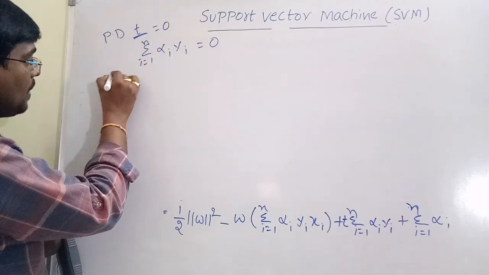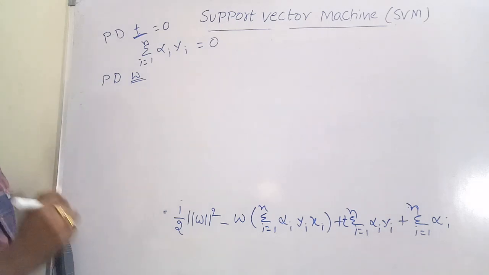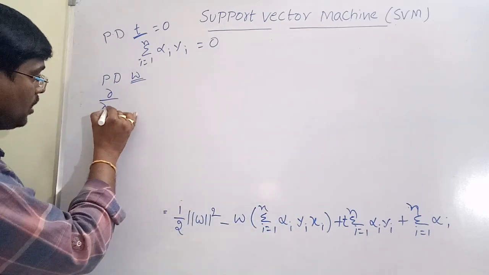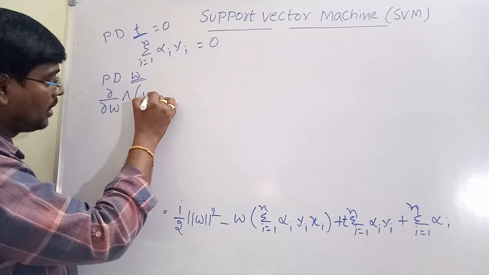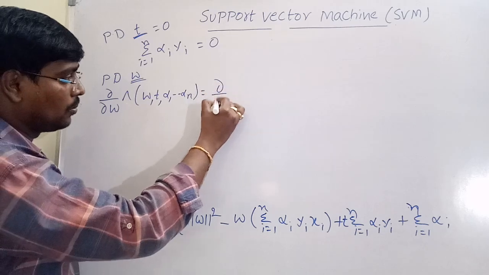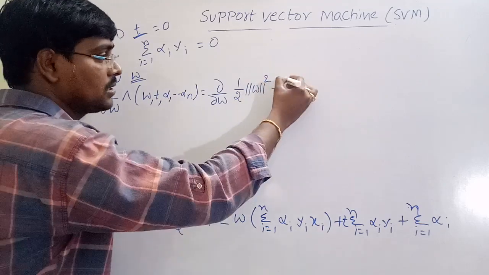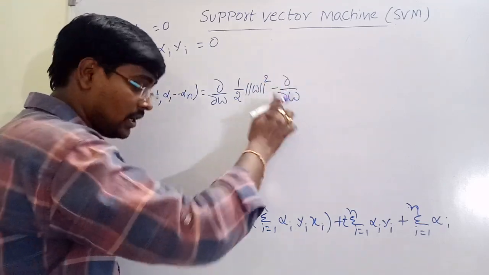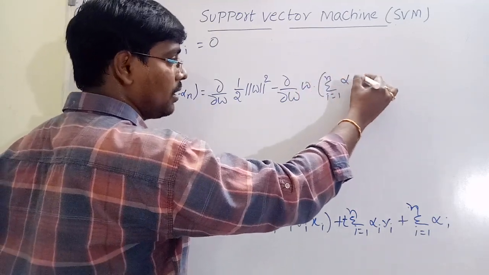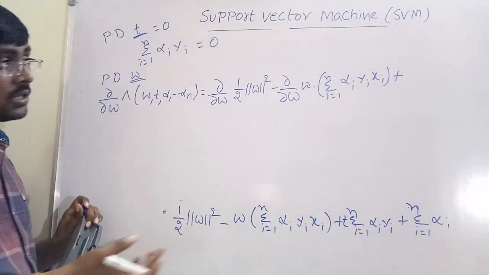Now take the partial derivative with respect to w. Suppose we have many w's. I will write the formula: dou by dou w of L(w, t, alpha 1 to alpha n) is equal to dou by dou w of 1 by 2 w square minus dou by dou w of w into sigma I equals 1 to n alpha I yi xi, plus that term is 0, plus this term is 0.